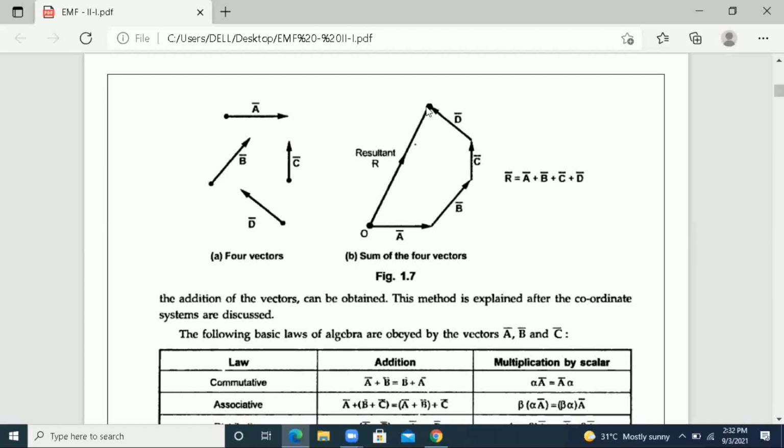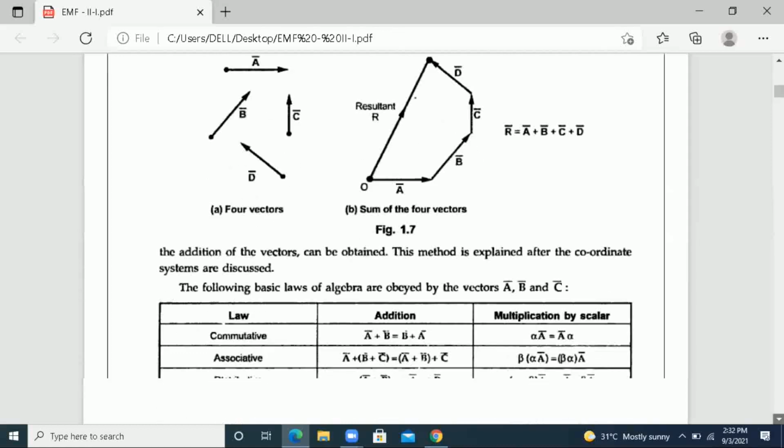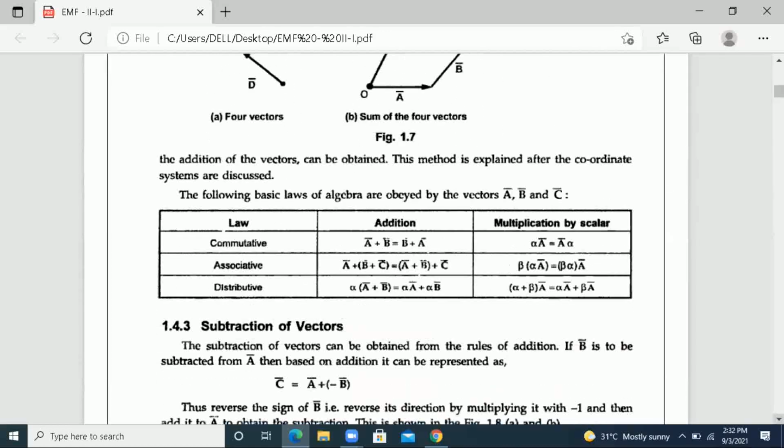So again, we have these 3 basic laws of algebra that also apply to vectors.